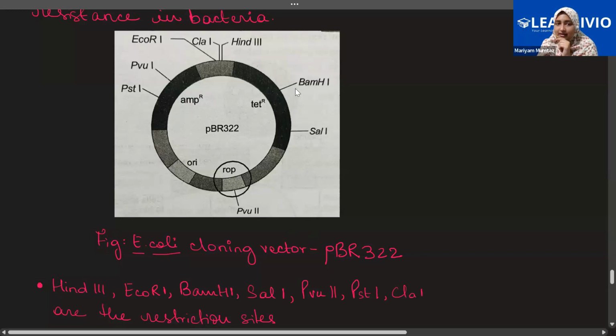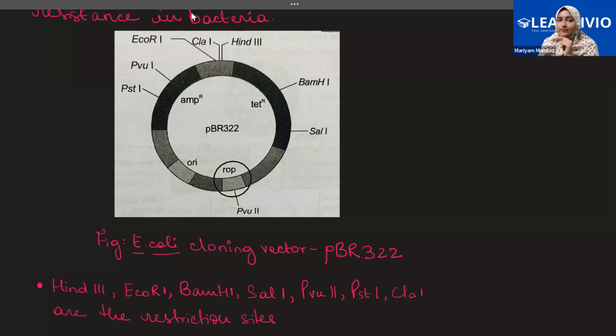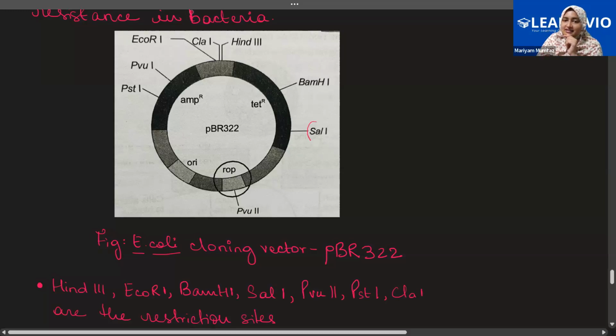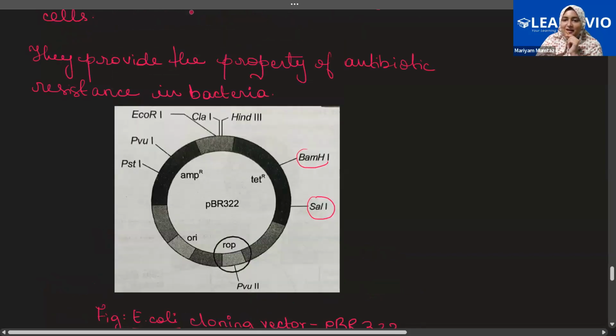So see, don't get so confused by all of the labelings that the diagram has. You people have to learn it, but don't get confused or scared. Now, if you look at these, SAL1, BAM H1, HIND3, I wrote about that below because I was going to ask you a question, so I hid it.